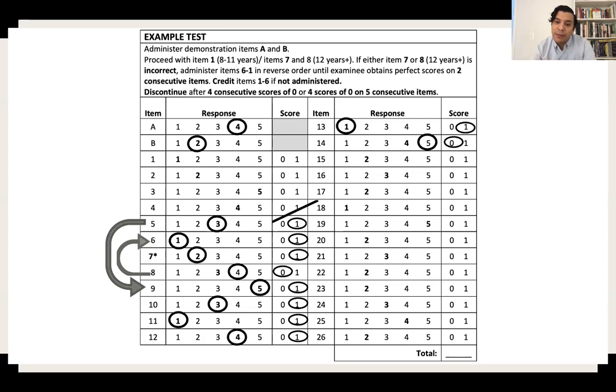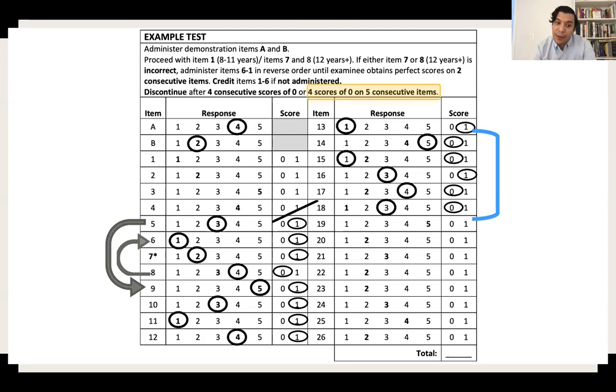We administer item 14 and the examinee responds incorrectly. We administer item 15, another incorrect response. We administer item 16 and the examinee responds correctly, 17 incorrectly, 18 incorrectly.